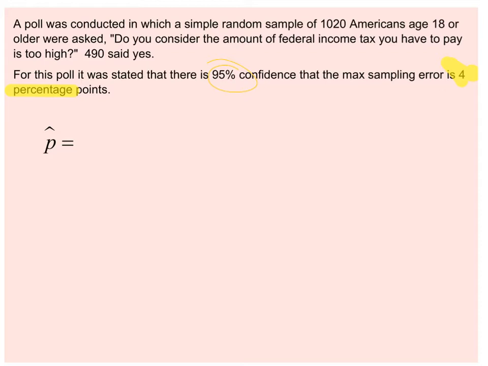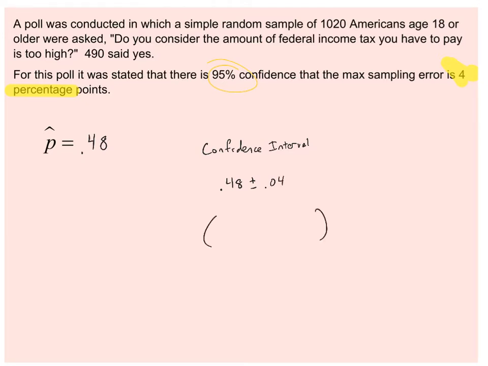Okay, so what that means is we take our p hat that we computed earlier, which was, I'm going to round it to 0.48 for this example, 48%. And to create our confidence interval, we take that 0.48 plus or minus 4%, 0.04, 4 percentage points.